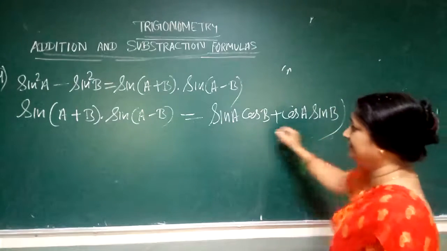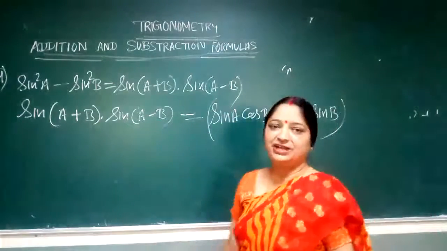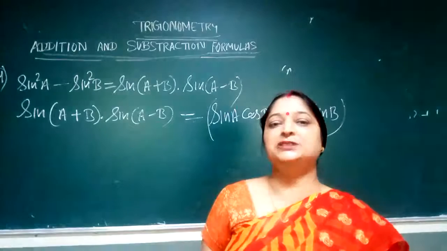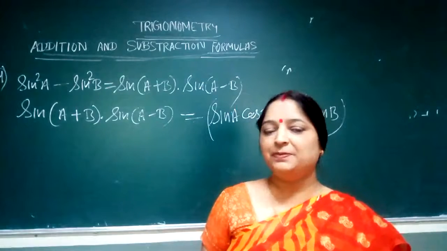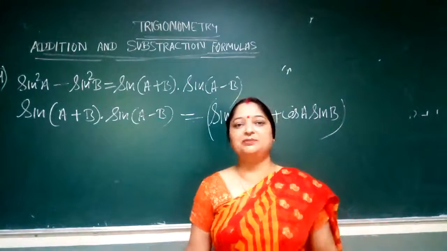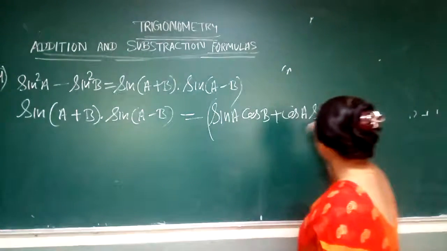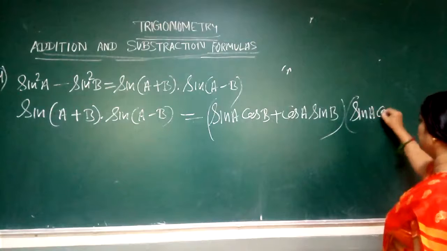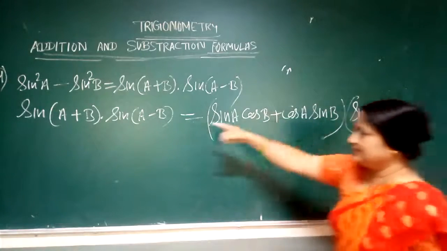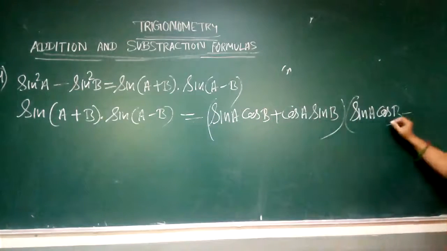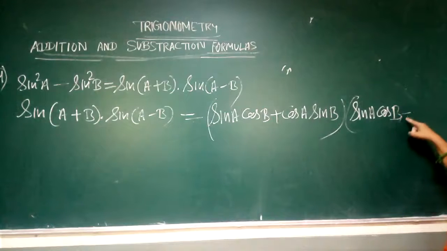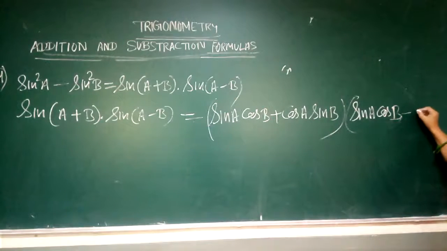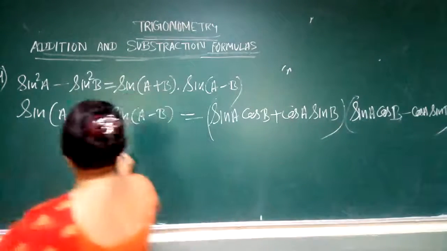Is it clear? Now after that, sin of a minus b, again s means sun, he wants some help, so cos will come along. So it will come sin a cos b, and here sin is minus, so minus will come at the center: sin a cos b minus cos a into sin b. After that, students, we will open the bracket.